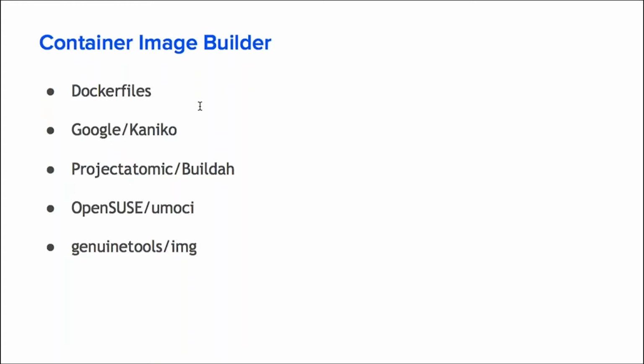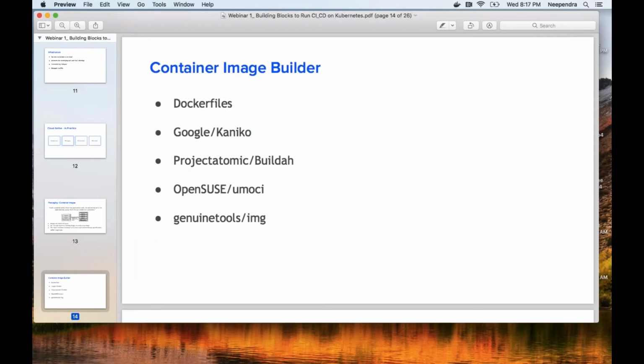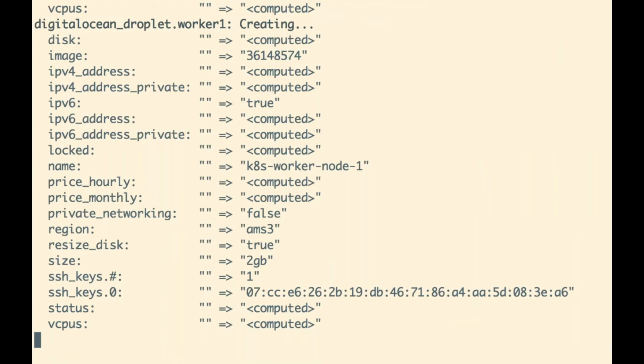Again, remember, the image contains your application code, its runtime, and all the dependencies. So if you take the image and run it everywhere, it would run as it is. So we'll look at the example of some of these. Let's go back and check out the setup for Kubernetes. It's still happening. That's fine.